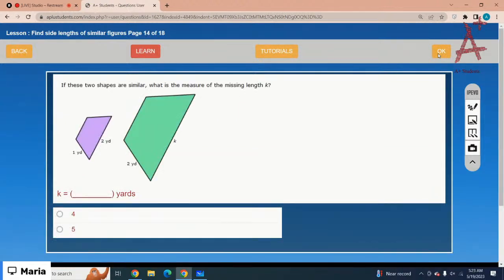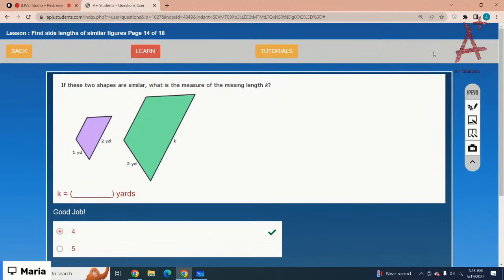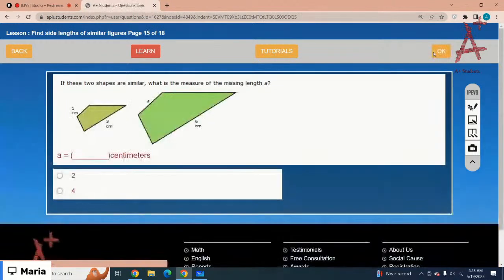If these two shapes are similar, what is the measure of the missing length k? It would be k equals 4. If these two shapes are similar, what is the measure of the missing side length a?